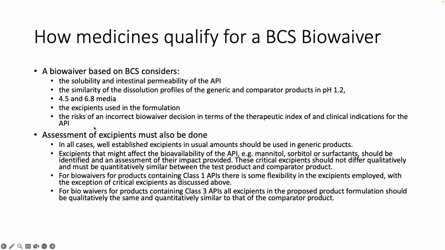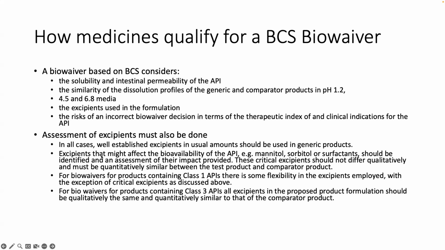Now, the excipients are also evaluated. In all cases, well-established excipients must be available in usual amounts. If you're adding one excipient in larger quantity than is usually used, for example, if your disintegrant or your binder is more than 5 to 10% of your entire total tablet weight, then of course that will raise eyebrows at what is happening.